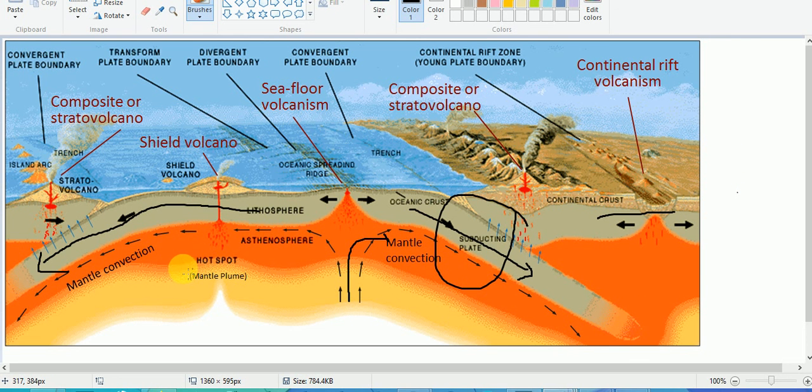According to the theory of plate tectonics, the Earth's crust is composed of 7 major plates and some minor plates, and a plate is a large part of the crust. All these plates are moving in different directions because of this magma flow.